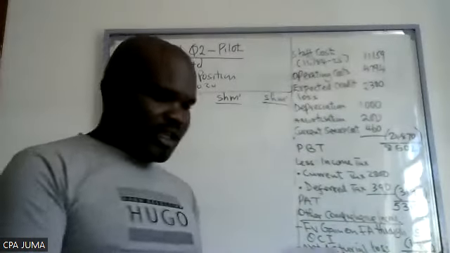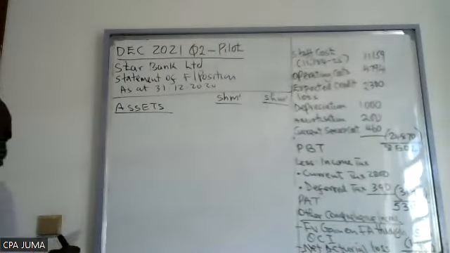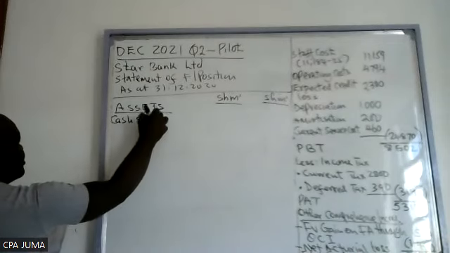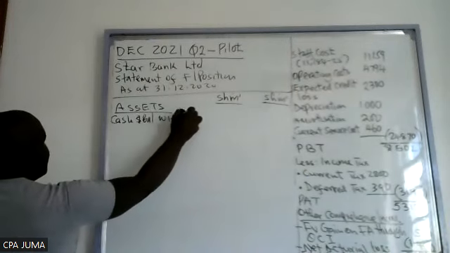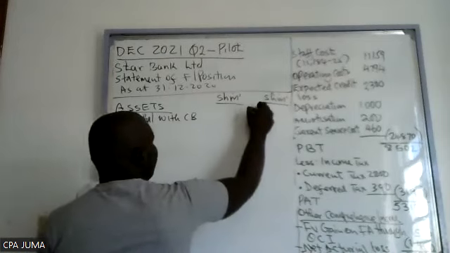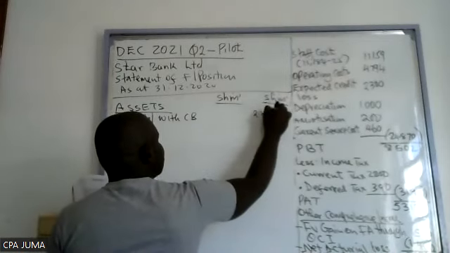So let's start with cash and balances with central bank. In central bank we are having 23,531.